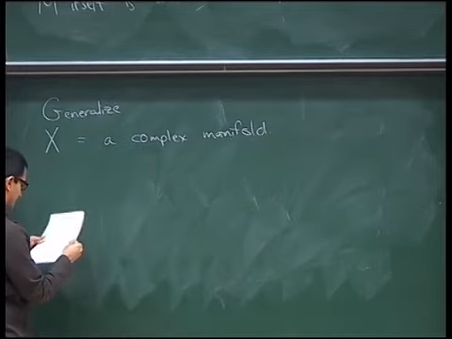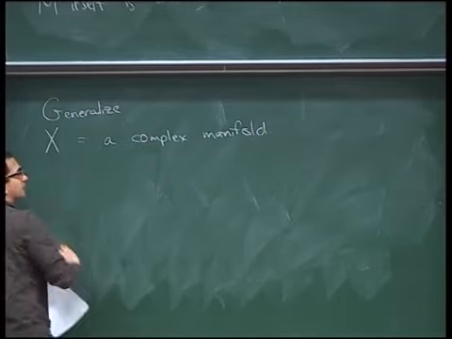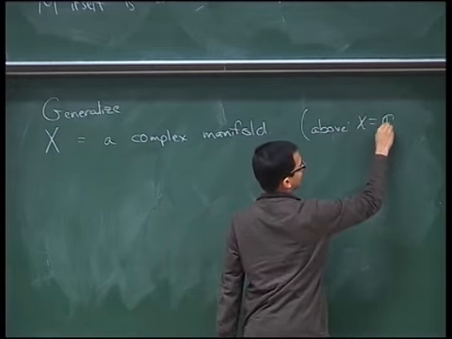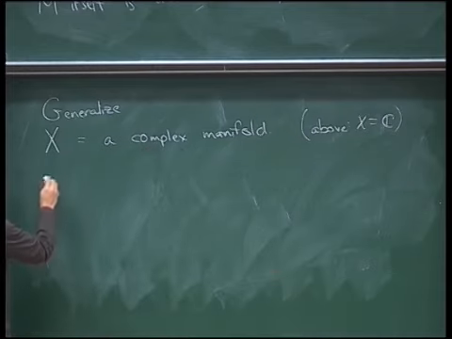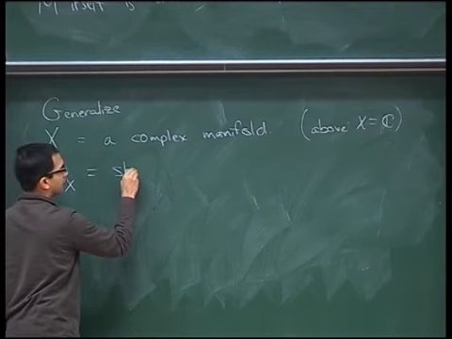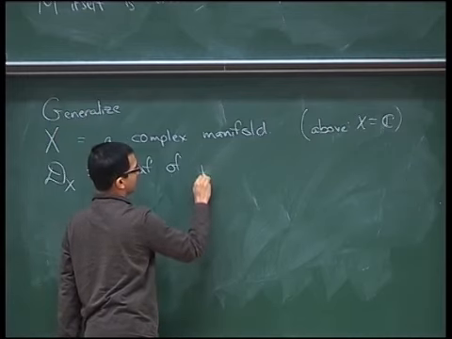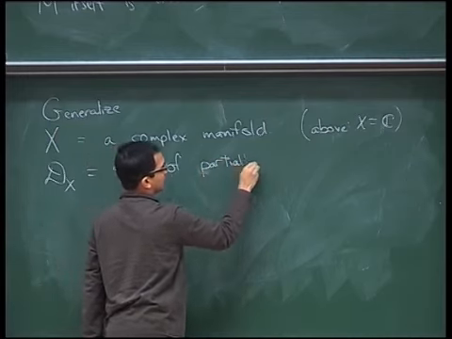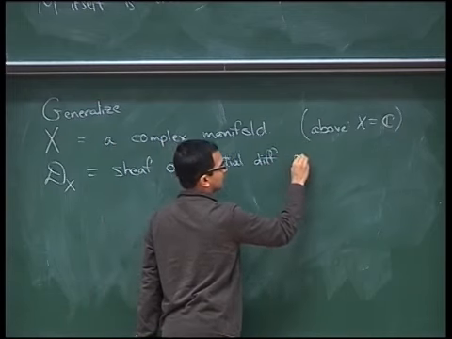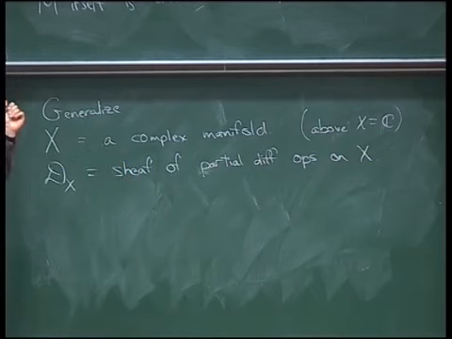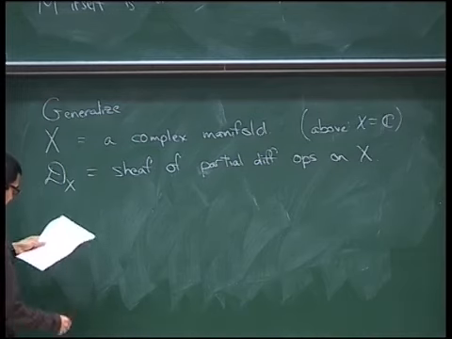In the example we've been talking about, X was just the complex numbers, but now you can take any complex manifold. And then script D of X is going to be the sheaf of partial differential operators on X. So locally, this is going to look like the ring that I wrote up earlier, except there'll be many variables if this has dimension bigger than 1.